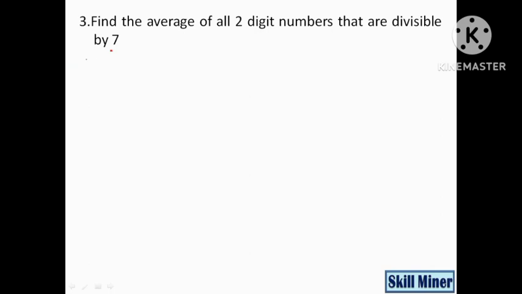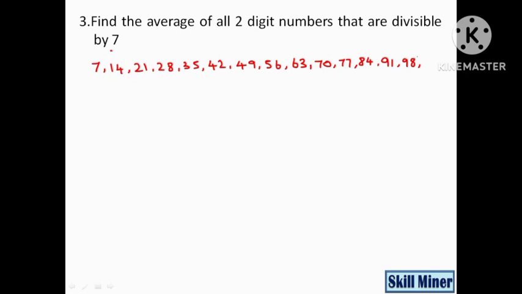We can write the seventh table. 1 7 is 7, 2 sevens are 14, 3 sevens are 21, 4 sevens are 28, 5 sevens are 35, 6 sevens are 42, 7 sevens are 49, 8 sevens are 56, 9 sevens are 63, 10 sevens are 70, 11 sevens are 77, 12 sevens are 84, 13 sevens are 91, 14 sevens are 98, 15 sevens are more than 100, that is 105. Okay.